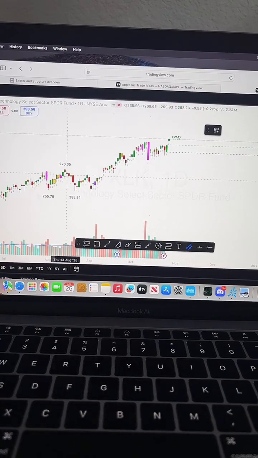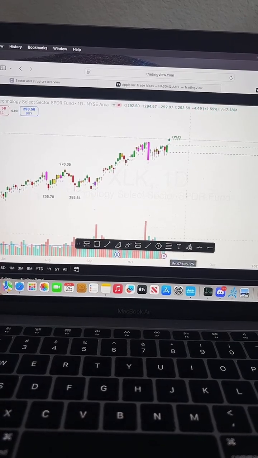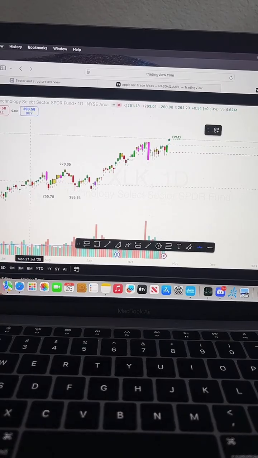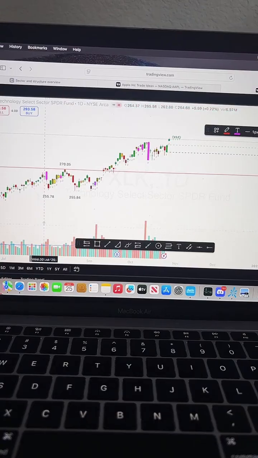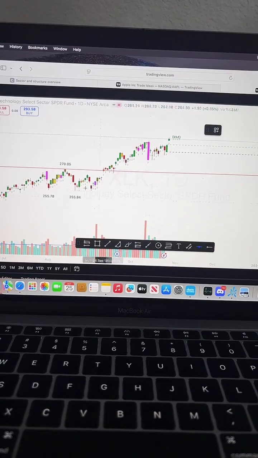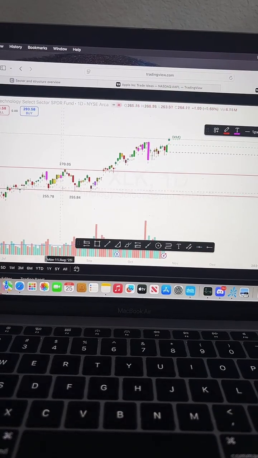What I would do, since we have this swing high, wait, before I even draw that, I'll show you guys. First, you could come back to this swing high and mark it. Then come down to these swing lows and mark them.